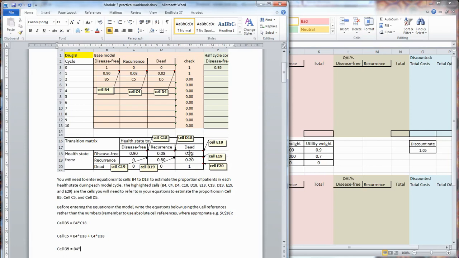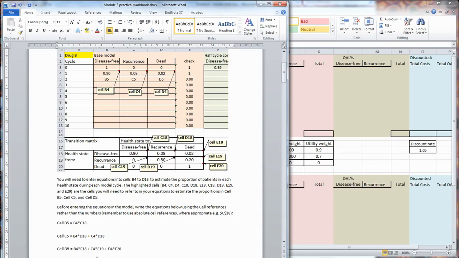For the dead state, we've got the people who were disease-free in the previous cycle, so B4, multiplied by the probability of dying, given that you were disease-free, so that's E18, plus the proportion in recurrence in the previous cycle, so that's C4, multiplied by the probability of dying, given you were in the recurrent state, so that's E19, plus the proportion of people who were dead in the previous cycle, D4, multiplied by the probability of remaining dead, which is 1, which is cell E20.